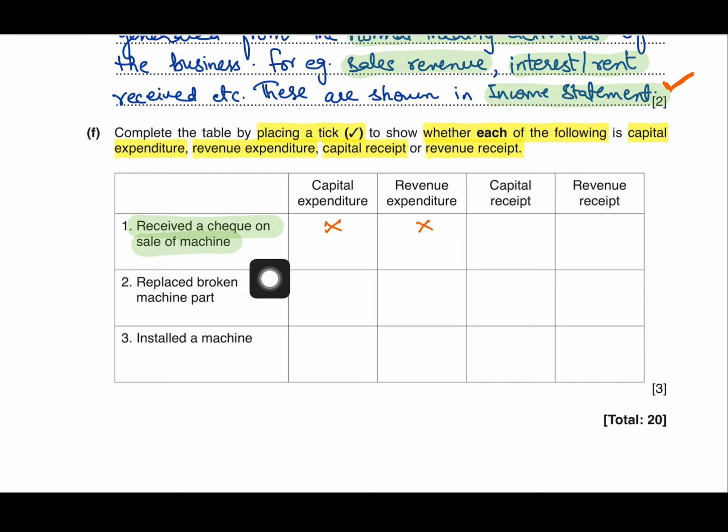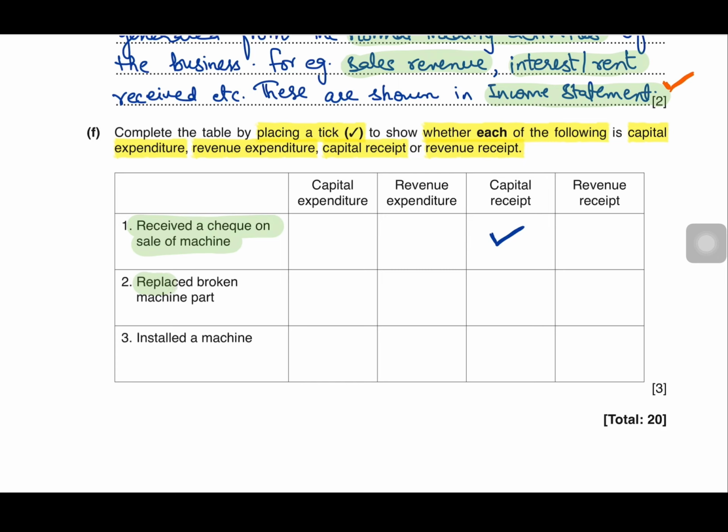This is not a yearly activity. The purpose of trading is not to dispose of machinery every year. It is a non-current asset. It is bought in the business to be used in the business, right? But if there is a disposal and we are receiving a cheque against this disposal, it can't be a revenue receipt. No. Therefore, it is what? It is a capital receipt for the business.